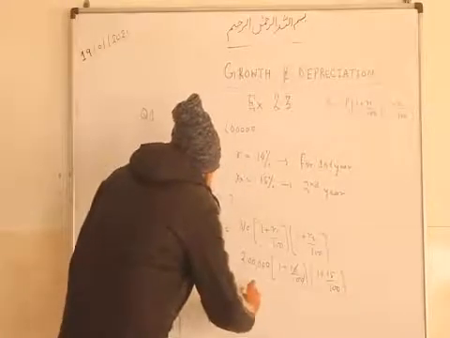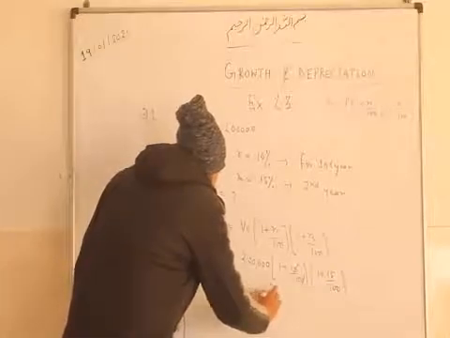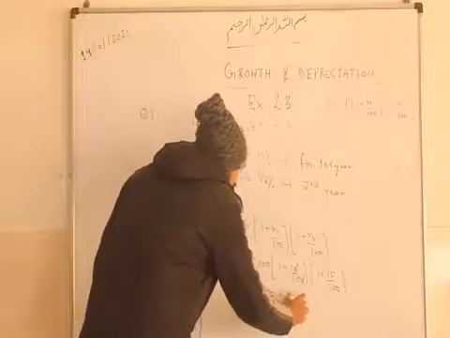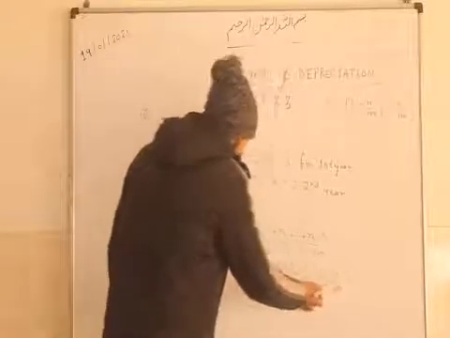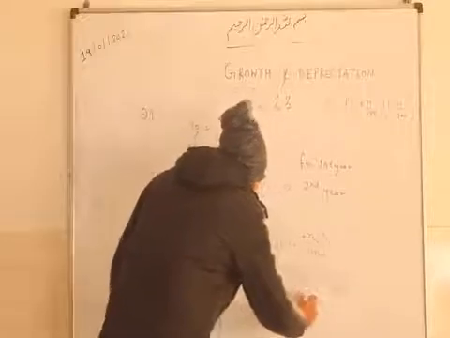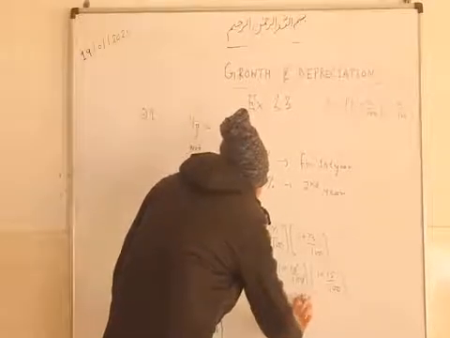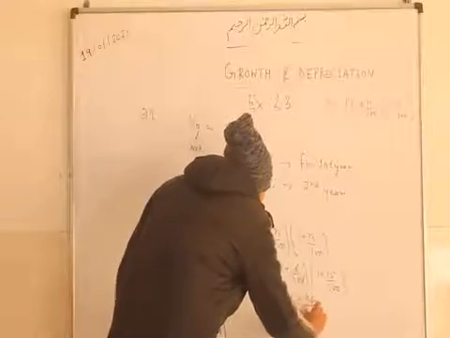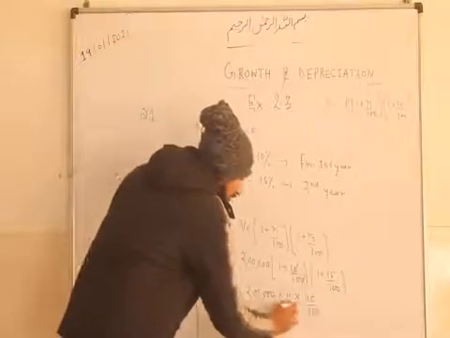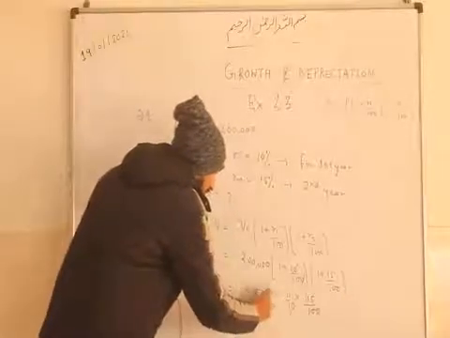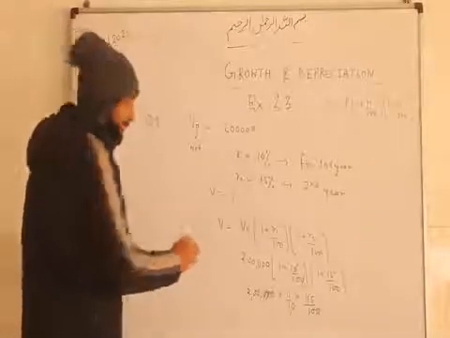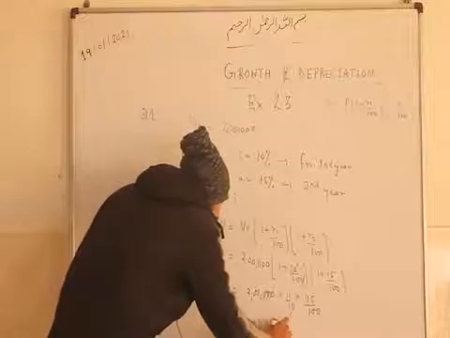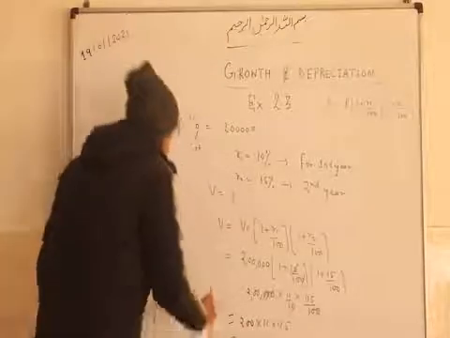This will cancel out, so this is 20000 into 11 by 10, and if we take the LCM, it will be 115 by 100. So these 3 zeros will cancel out with those 3 zeros, and we just have to multiply. So it will be 200 into 11 into 115. Just multiply it, you will get the final answer.